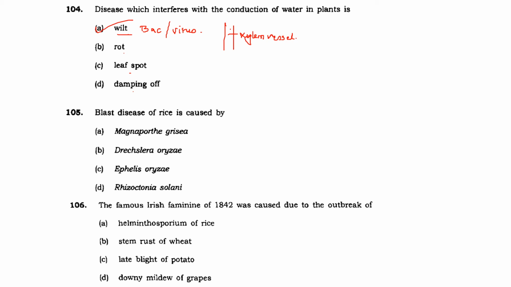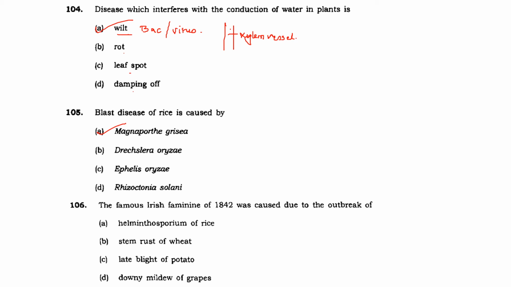105. Blast disease of rice. It is caused by, among the four options, Magnaporthe oryzae, Drechslera oryzae, Aphelenchoides oryzae, and Rhizoctonia solani. The answer is Magnaporthe oryzae. Now, question number 106.